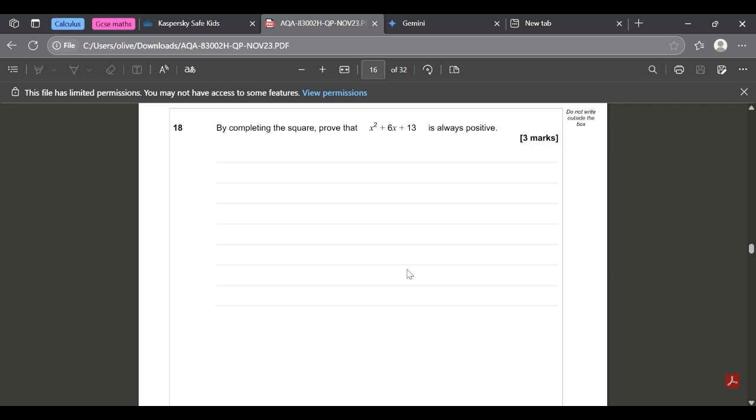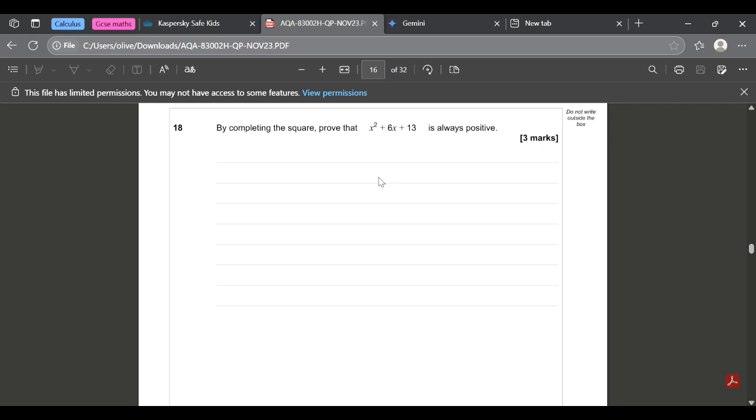So if we did this in the formula, it would be (x plus 3) squared plus 4.